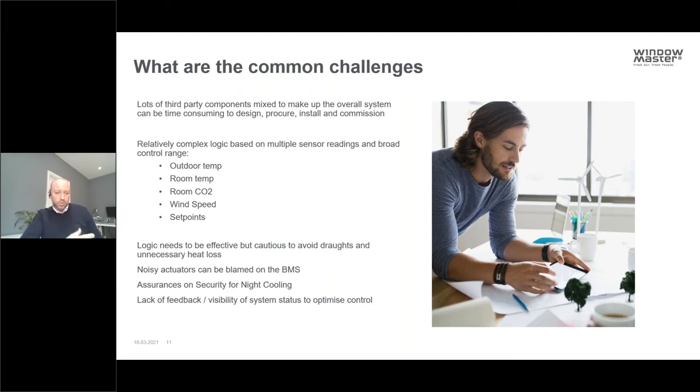So it's important that we understand these factors and we design in the right components to avoid noise issues and acoustic issues. And one of the other things that's commonly raised is, if we're night cooling a building, how do we do that securely? What sort of assurances can we give the client that we know exactly where those windows are and that we're able to limit the openings so that we meet their security requirements?